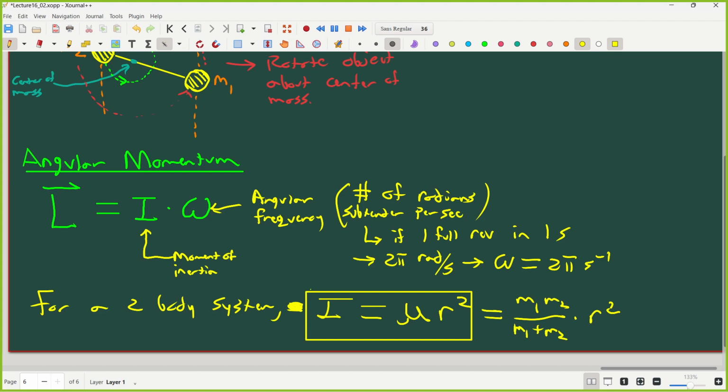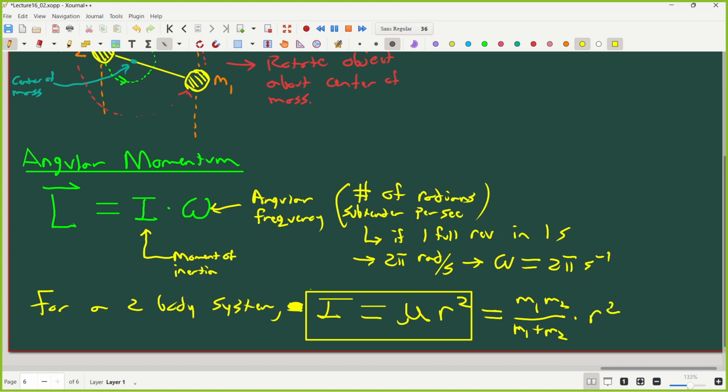So I tells you some sort of effective mass distribution. How does the mass exist in space along the thing that's rotating? And we're going to rotate that mass, m, times some velocity and angle, v. So this kind of looks like m times v, which is momentum. But now it's angles.